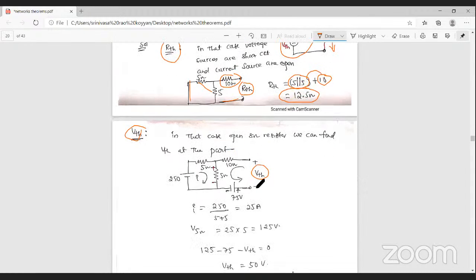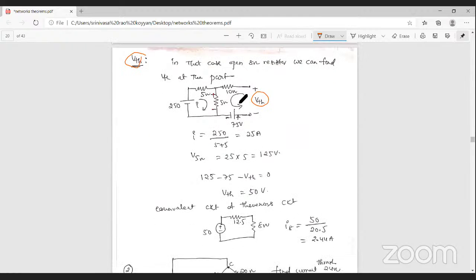To find the Thevenin's voltage across the 8 ohm resistance, you can observe that in this loop there is no current passing, because of the open circuit. So in this loop the current is zero. Only this loop carries current.